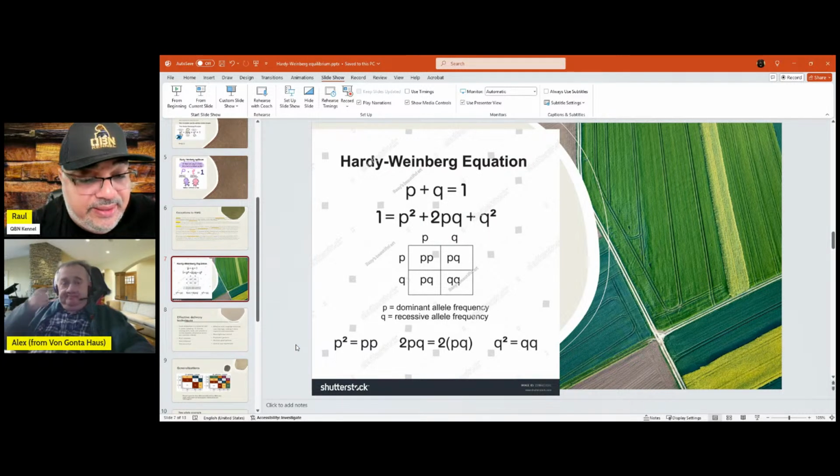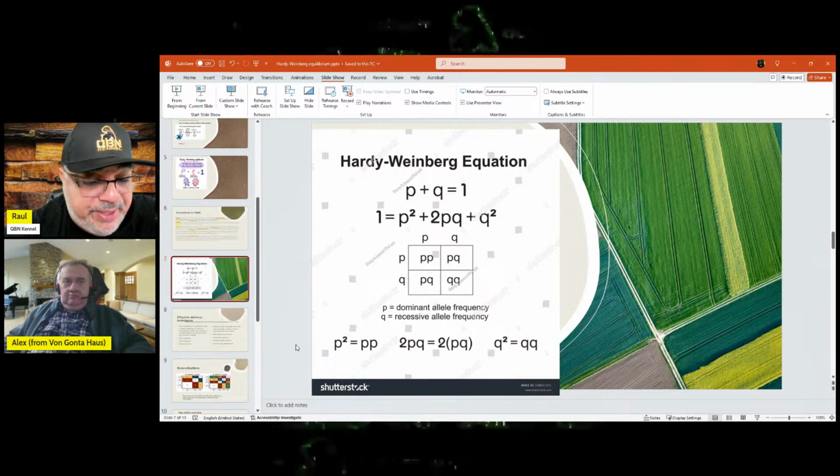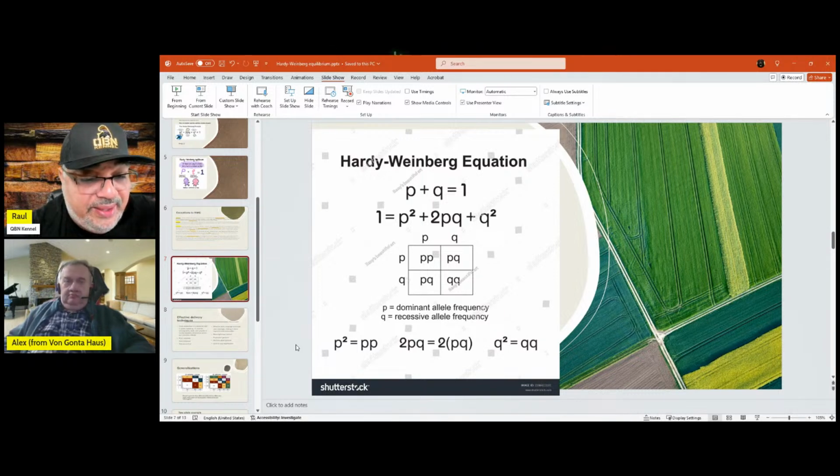And the C, which is going to be the dominant of the two, is going to be the P squared. And when you have the AC, or the middle ground, if you will, it is going to be 2PQ. And essentially, when you do the graph like Alex is showing here, you see how everything proportionally falls in place.